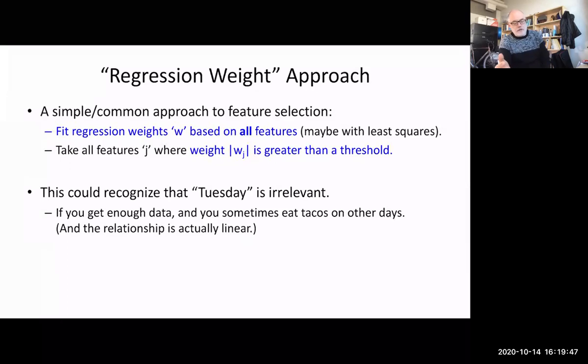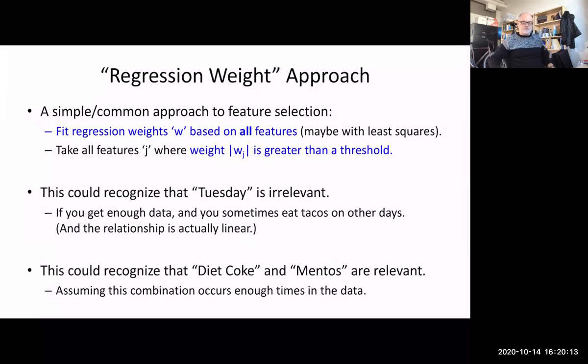So this kind of regression weight approach could, in the Taco Tuesday example that we put out there, recognize that Tuesday is irrelevant, right? If you get enough data, enough rows in your data matrix, and sometimes you observe that tacos are eaten on days other than Tuesday, and the relationship is actually linear, then this approach could work out that the regression weight on Tuesday is going to be small, and the regression weight on taco will be large, just from the data.